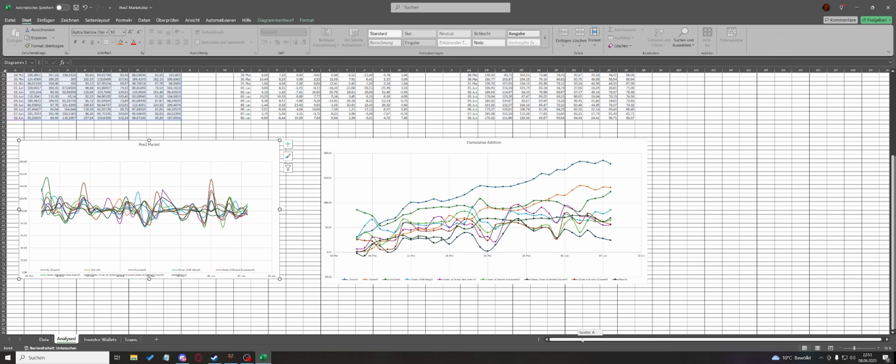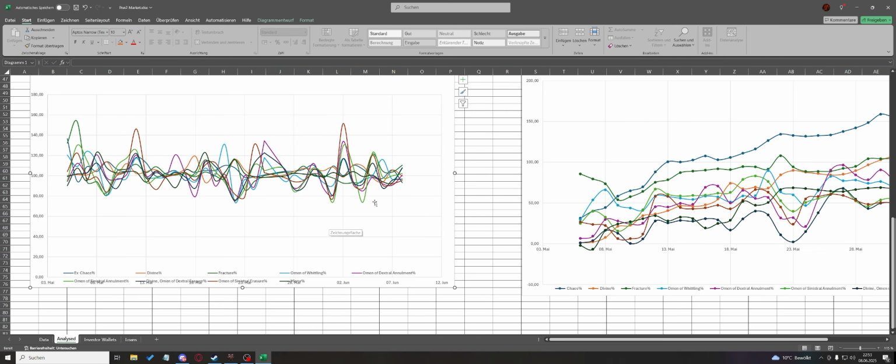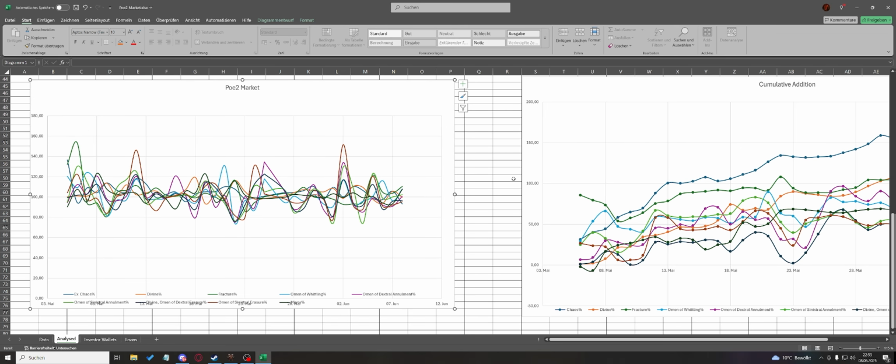For the short-term development graph, we still have the consolidation period that we had yesterday and the day before yesterday, and we're still waiting for an omen to drop at least 20% or to increase at least 20%, because both of these are an indicator for market movement and also an indicator for us to invest into something. Right now the only possibility that we've got is investing into different kinds of omens in the short term and then selling after a few hours.